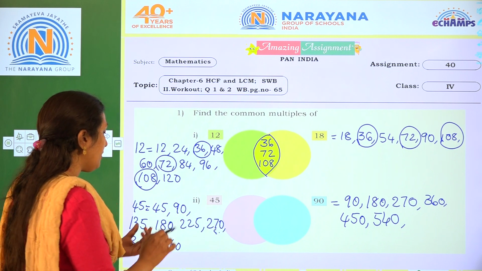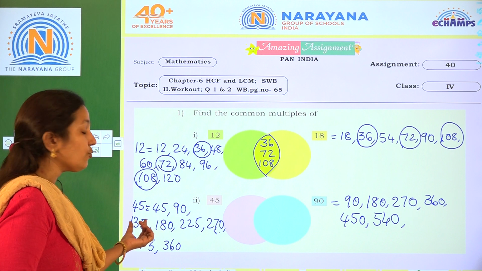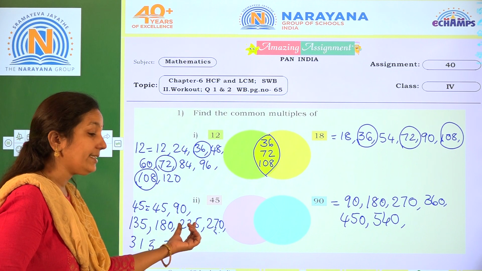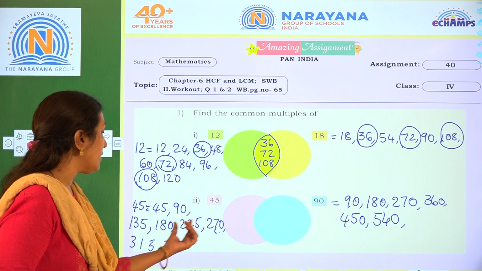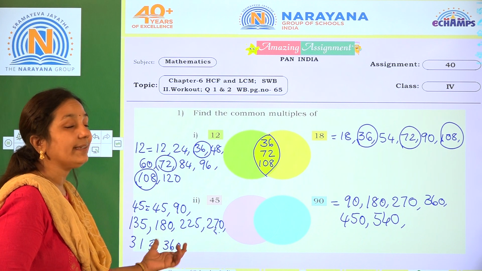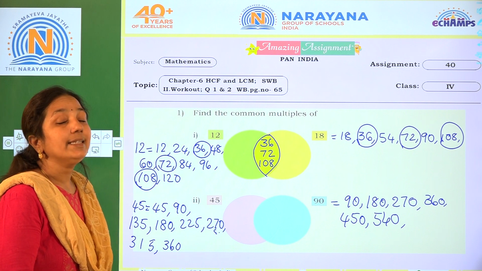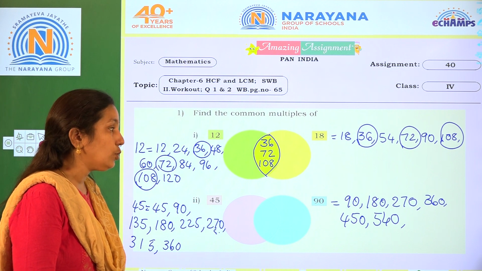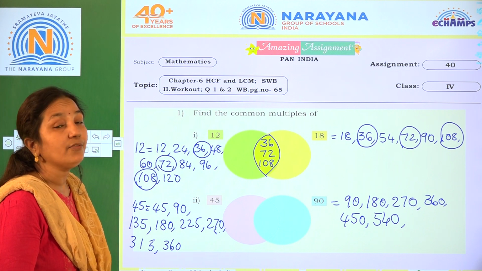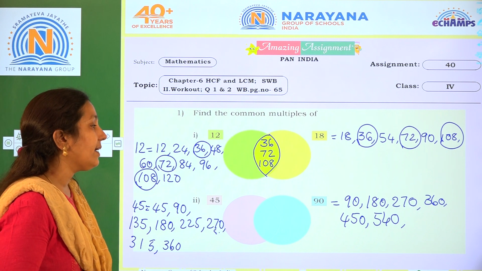The multiples of 45 are 45, 90, 135, 180, 225, 270, 315, 360. We will get more and more. For 90: 180, 270, 360, 450 and 540.